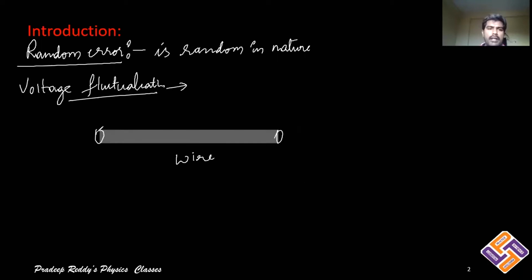Now you will be measuring the area of cross section at this point, at this point, as well as this point. Here you are getting A1, here you are getting A2, here A3, here A4, here A5.